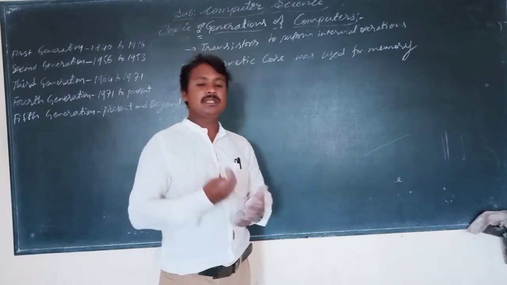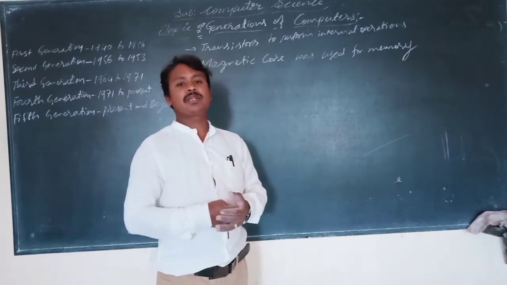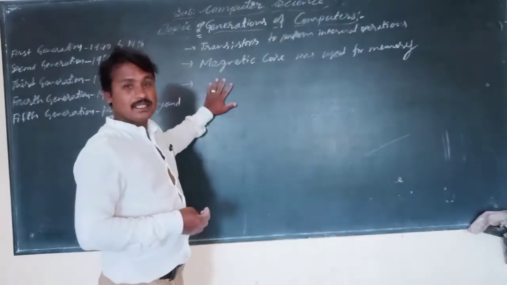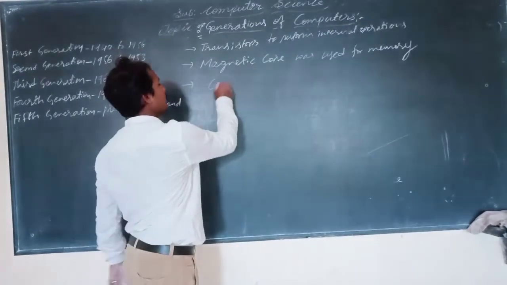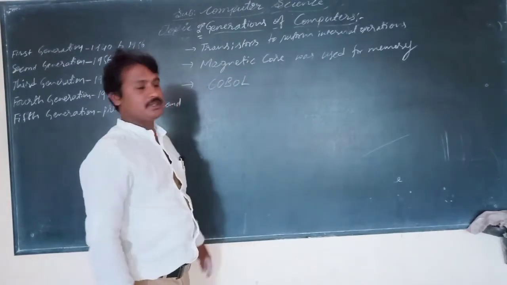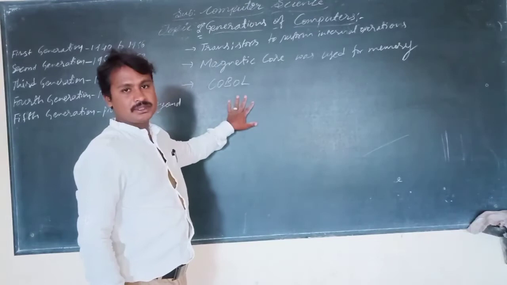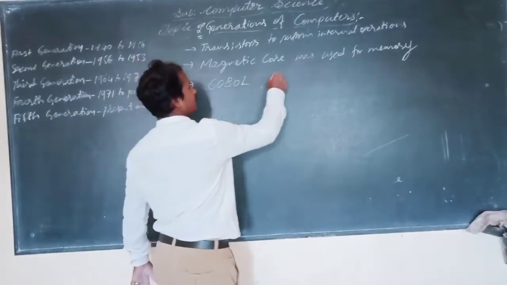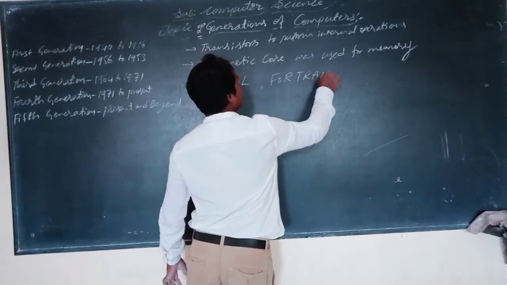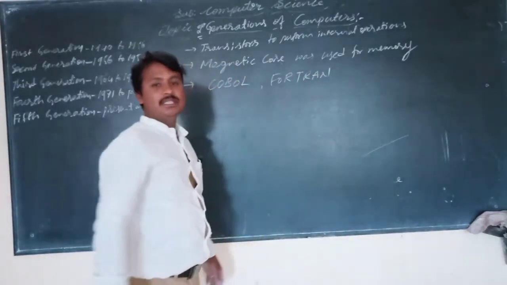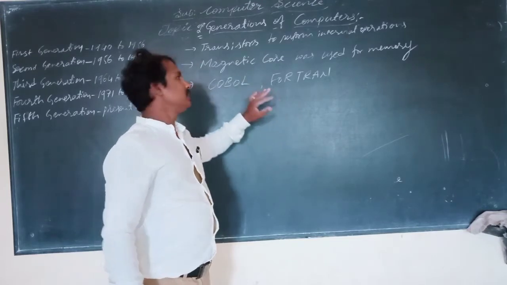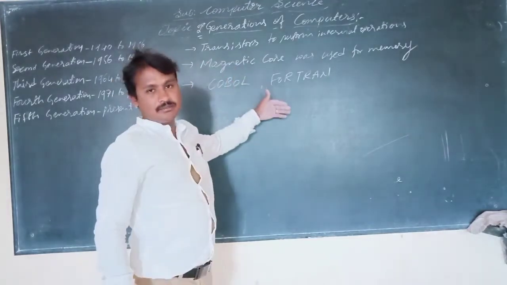High level and mid level programming languages came into existence. They are like COBOL, a programming language, Common Business Oriented Language. The same Fortran. These are all the programming languages that came into existence in second generation computers.